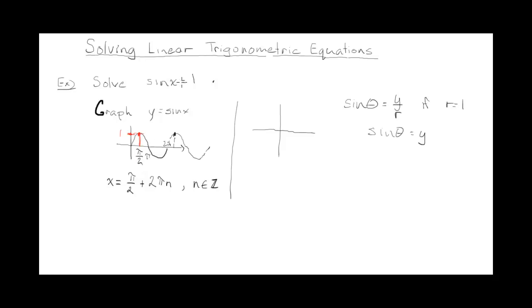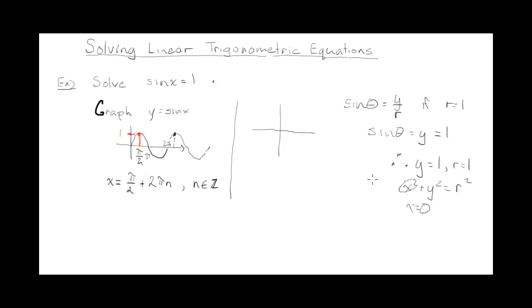So we're told sine theta, or we can think of it as x, is equal to 1. So therefore, y equals 1 and r equals 1. And remembering that x squared plus y squared equals r squared, if you sub in r equals 1, y equals 1, that means x must be 0.